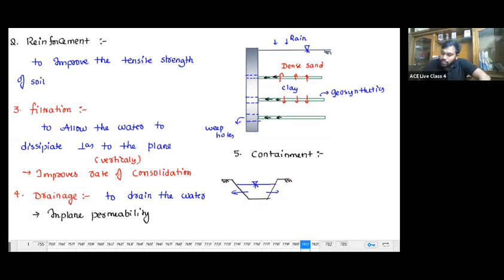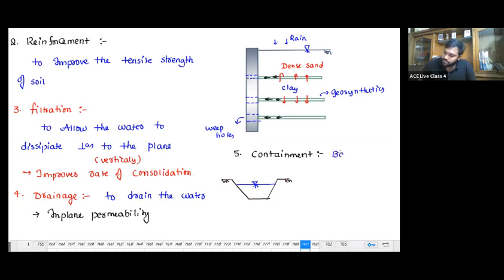Now, I can use the geosynthetics as a barrier to control the migration of water into the soil. I can use the geosynthetics as a barrier to control the migration of liquids and gases into the soils.